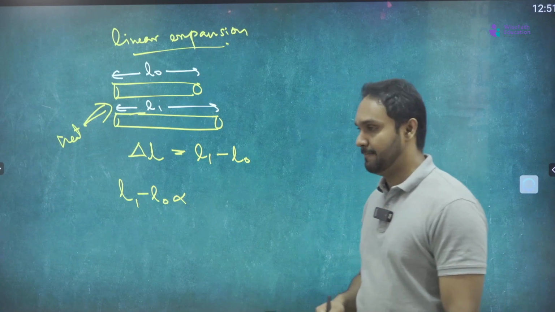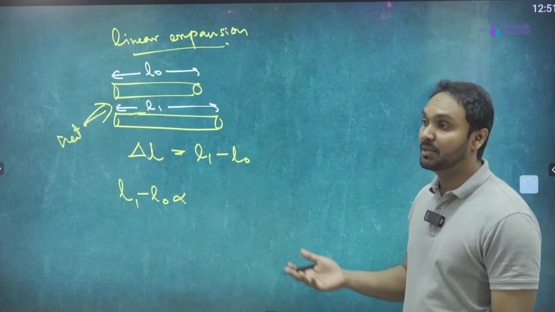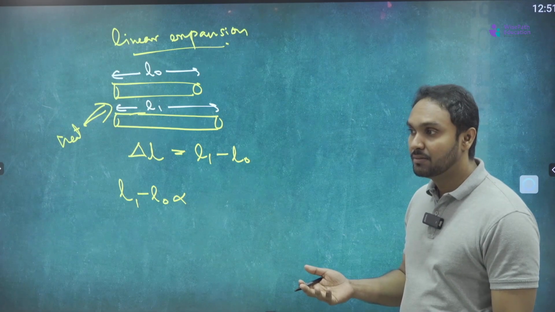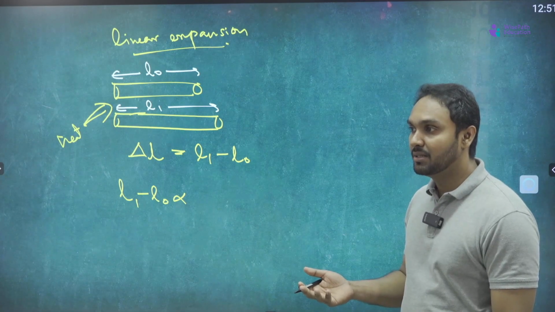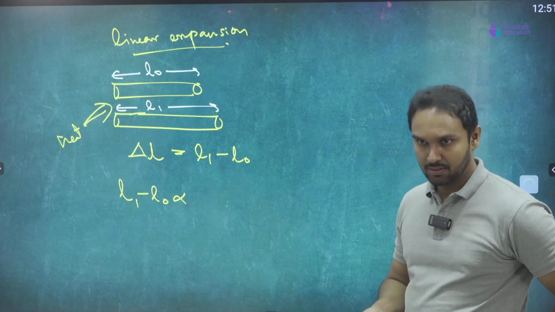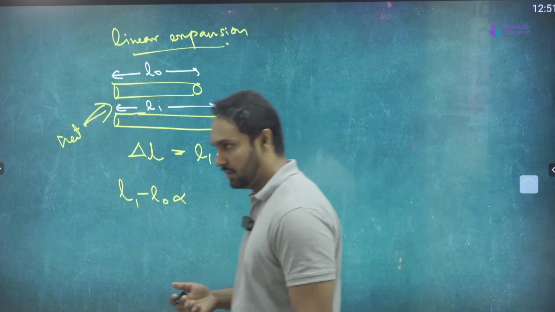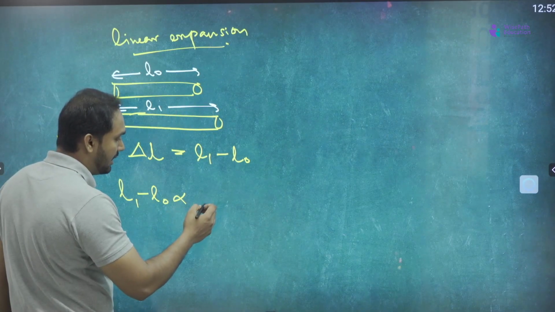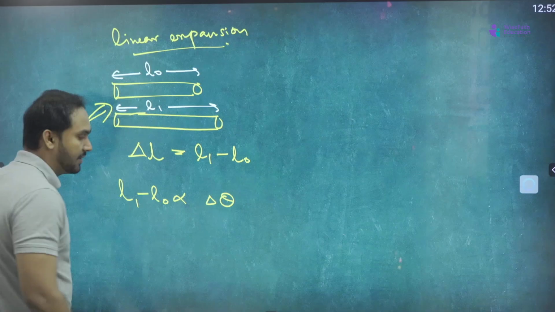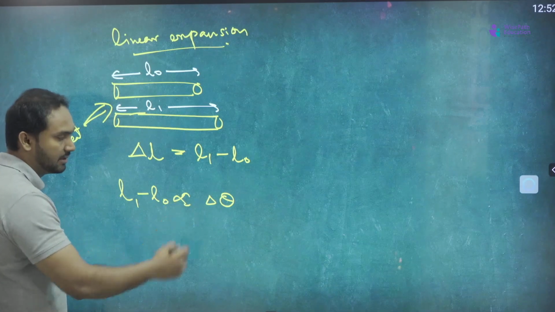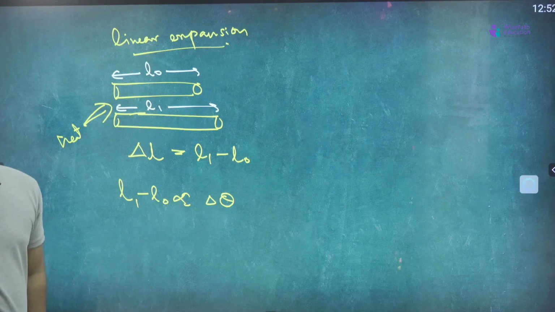When the temperature is more, the length that increases is more. More the temperature, more the increase. So delta theta, the temperature difference, is directly proportional to the increased length.